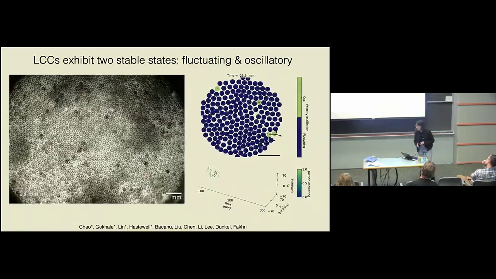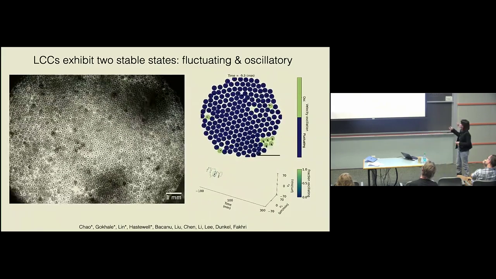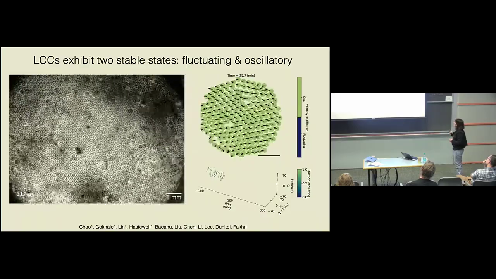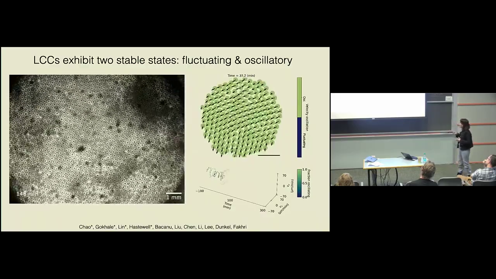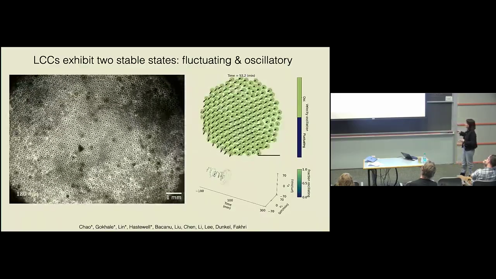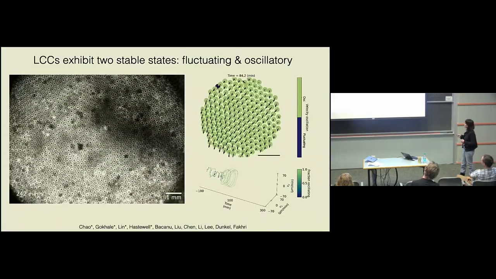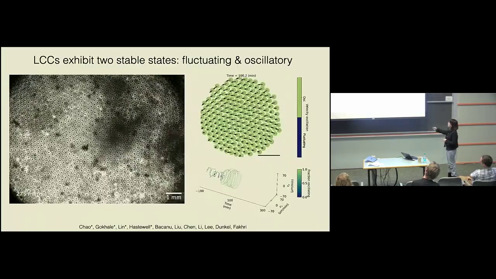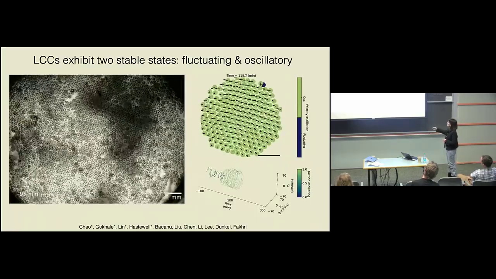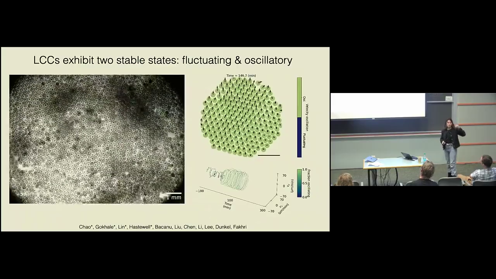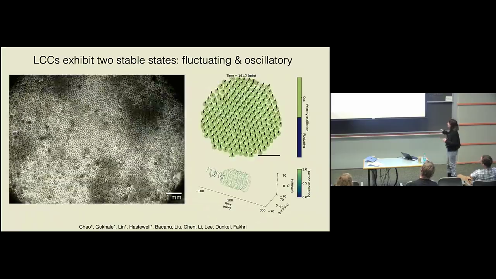It's easy to see this if we look at a region within this crystal, look at the average velocity, and then look at the phase space spanned by these two velocities. You can see that the system initially is oscillating, then it switches to fluctuating, and then switches into this oscillatory state.